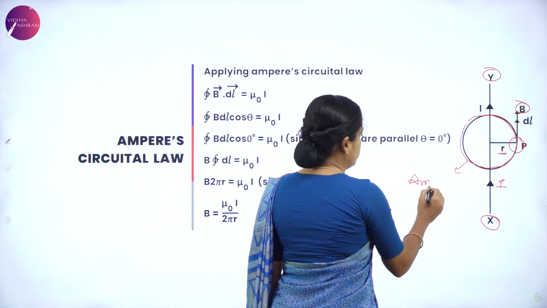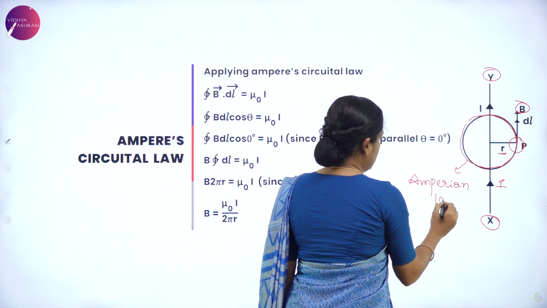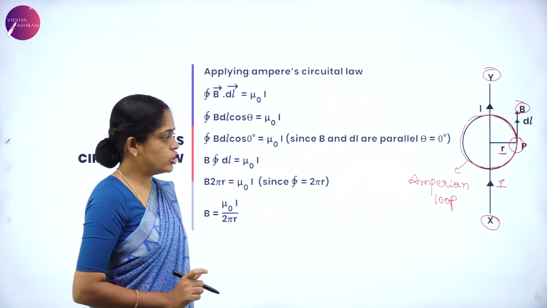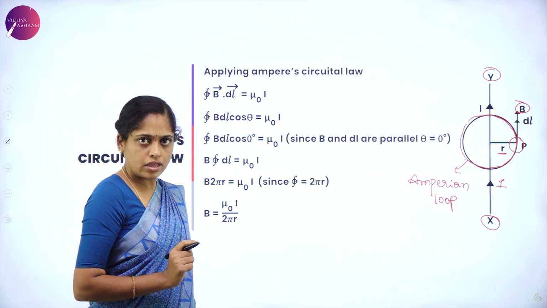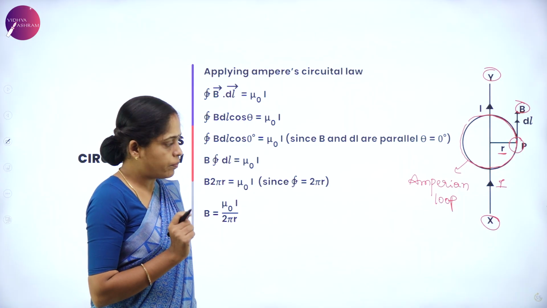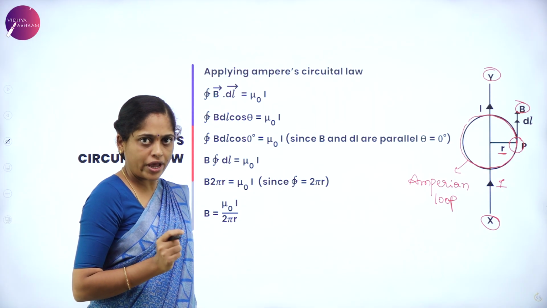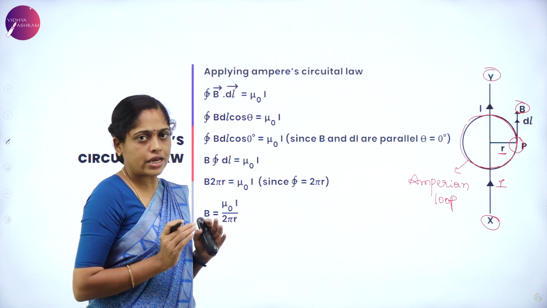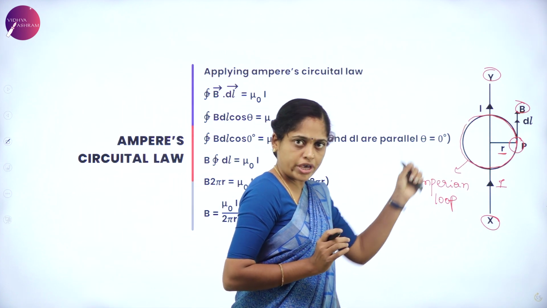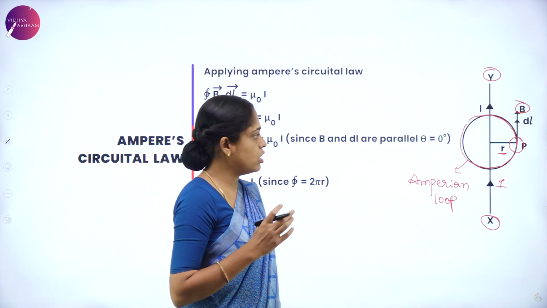An Amperian loop is an imaginary closed path, which must enclose the current. So here this closed path is around the wire, where we apply Ampere's circuital law.